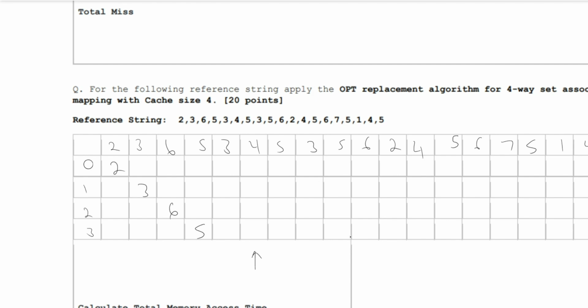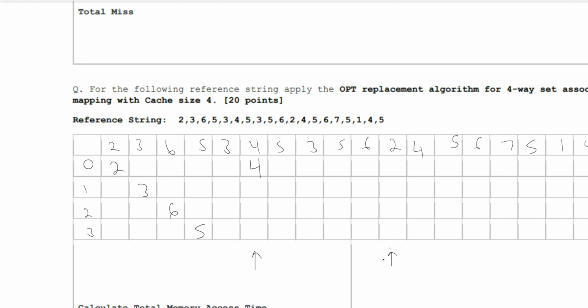I believe it's the cache size spaces ahead, so we would get rid of 2, because there's no 2 here. We do use 5, we use 3, we use 5 and 6. So we put 4 here. And then 5 is a hit, 3 is a hit, 5 is a hit, 6 is a hit. And then 2 will miss.